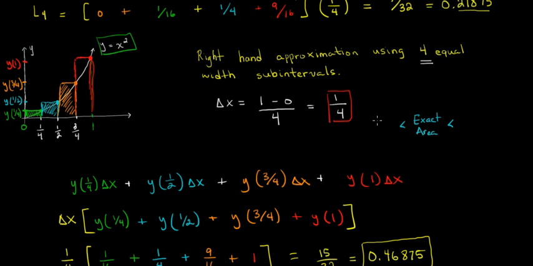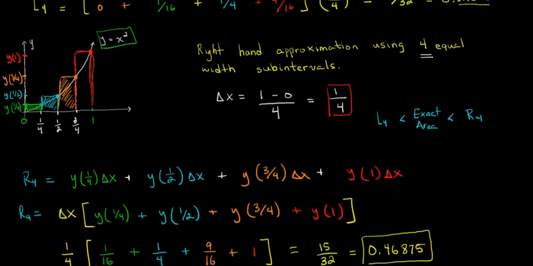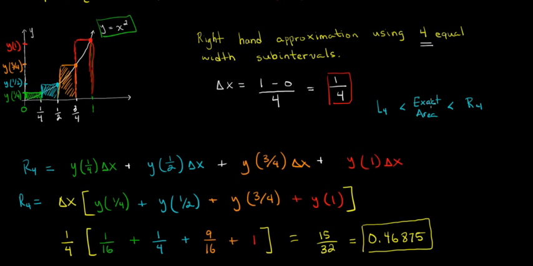It's going to be between L4, which was the left-hand sum, and R4, right? And I should have called this R4 from the beginning. So this right here is the right-hand sum with four sub-intervals.